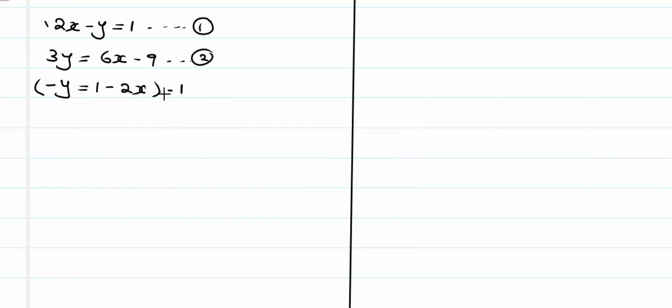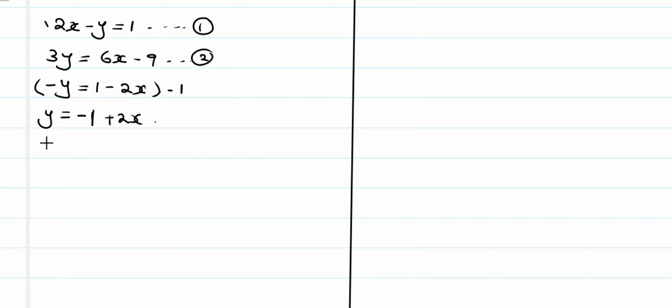And then when I multiply everything with negative 1, then it means this negative 1 here multiplied by negative y will be positive y, is equals to positive 1 multiplied by negative 1 becomes negative 1. Then negative 2x multiplied by negative 1 becomes positive 2x, like that.